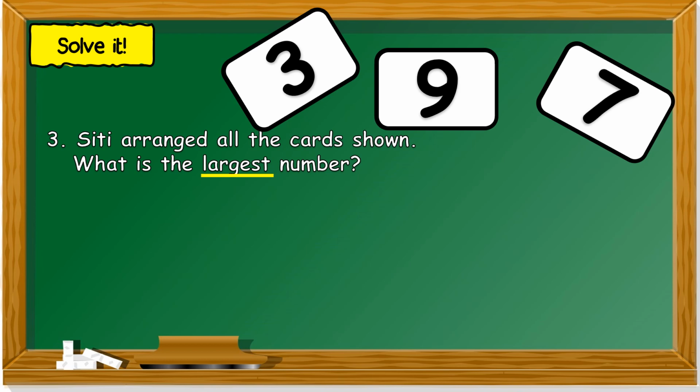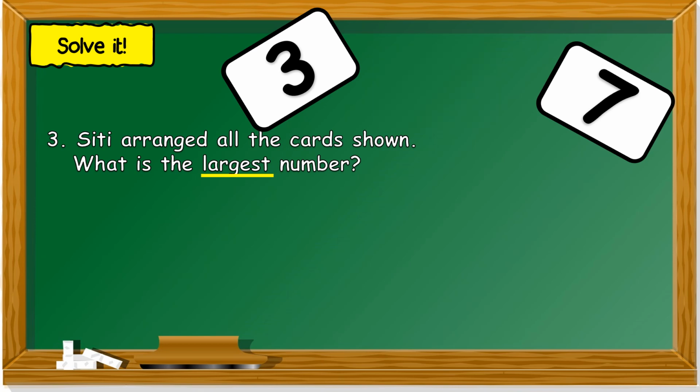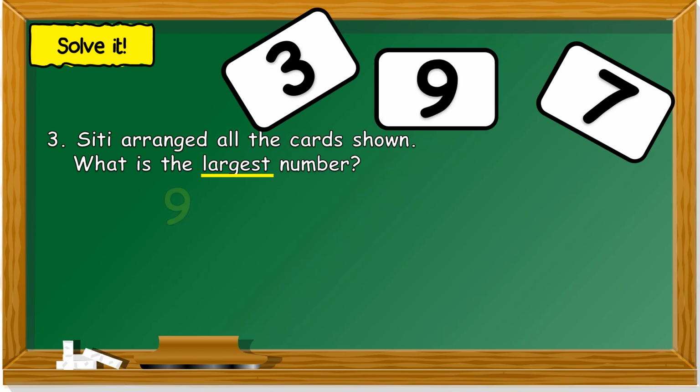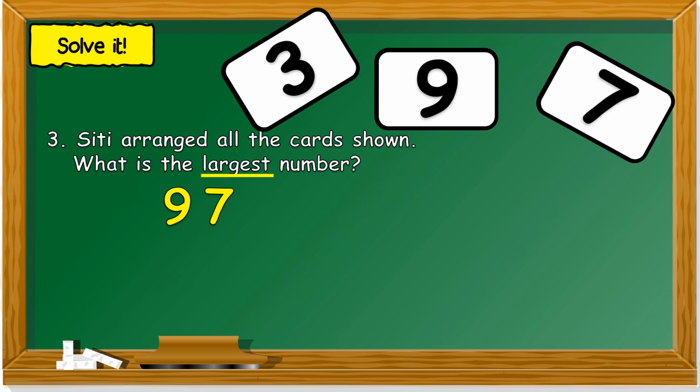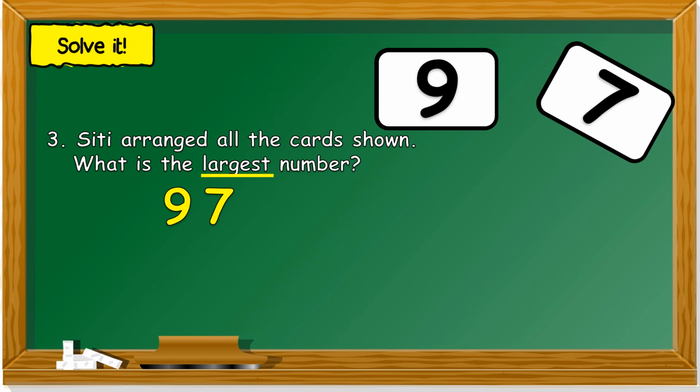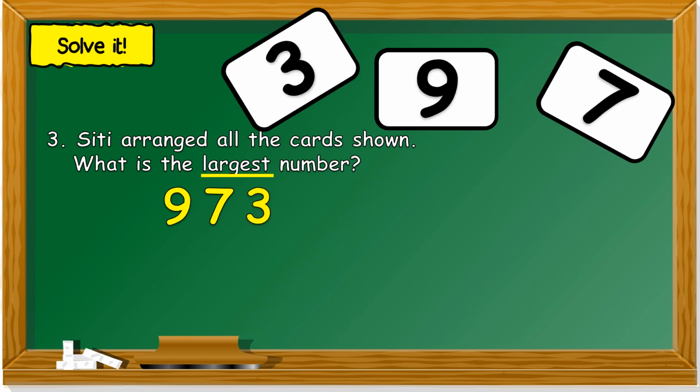So, the largest number here is 9. Okay. Then, 7. Then 3. So the answer is 973.